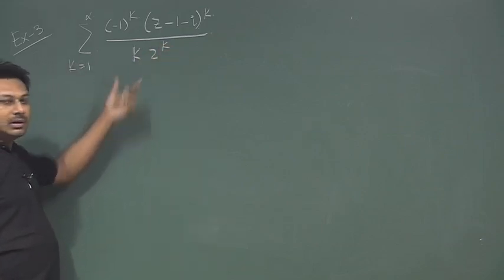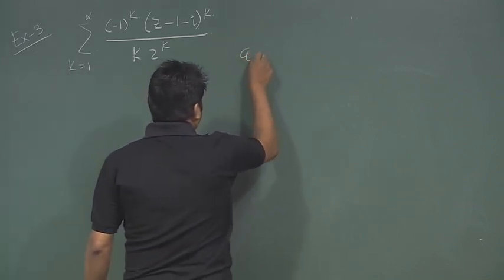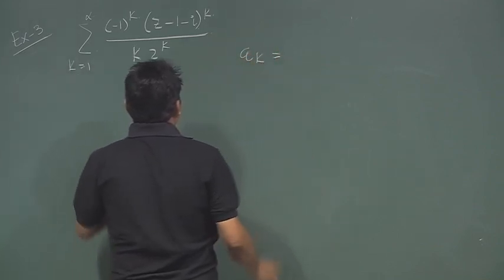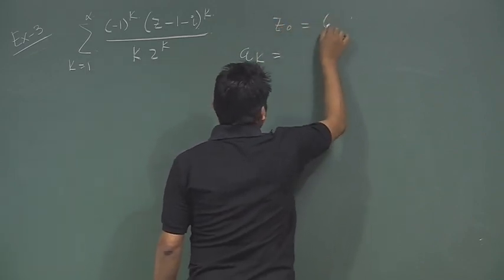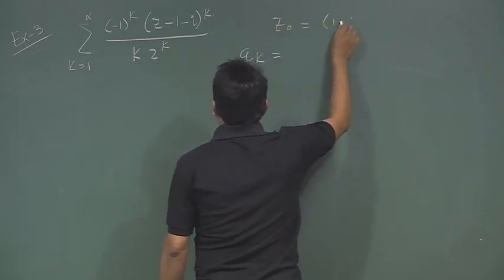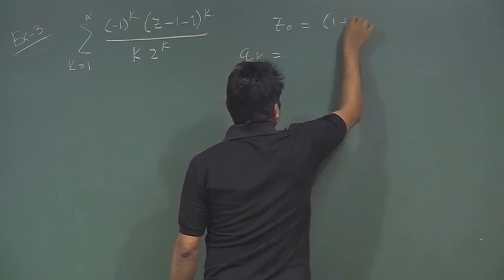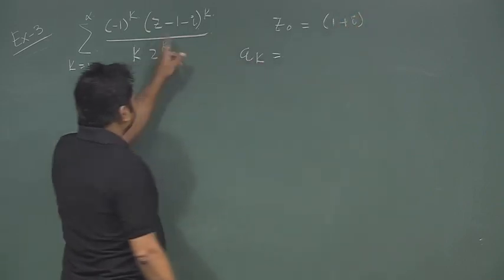It is something like this. So, a k, with z0 being 1 plus i, this is my z0, the point around which we expand, z minus z0.